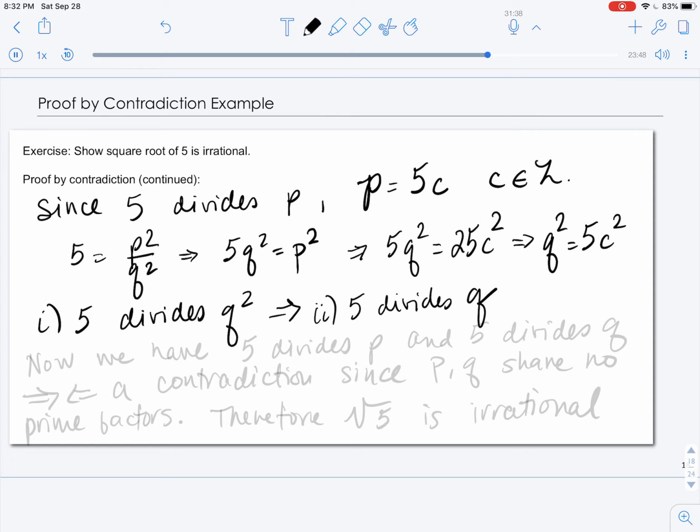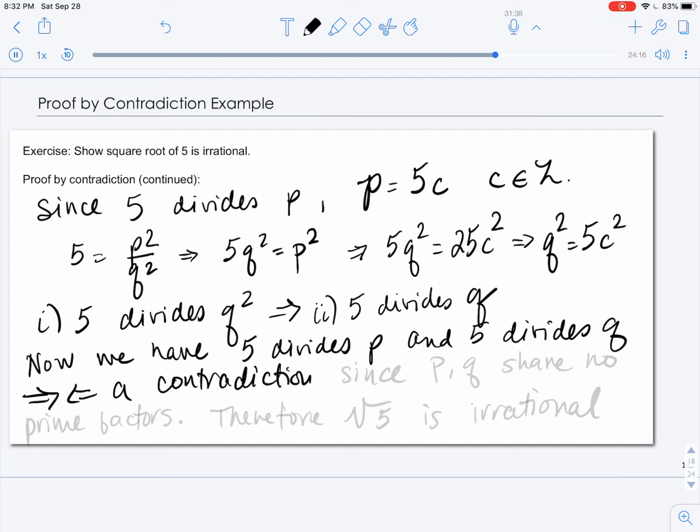But now we have a contradiction. We have that 5 divides p and 5 divides q, but that is a contradiction, since p and q share no prime factors.